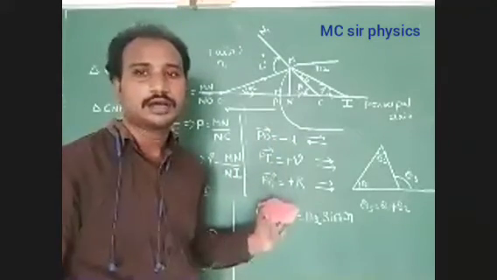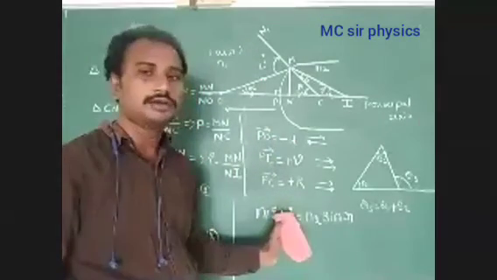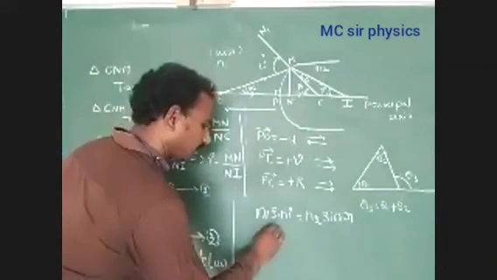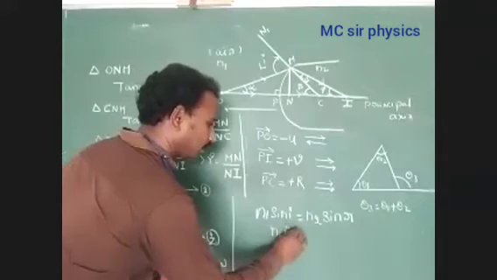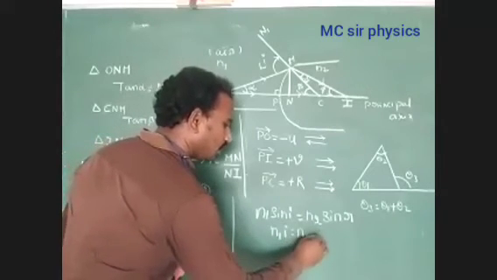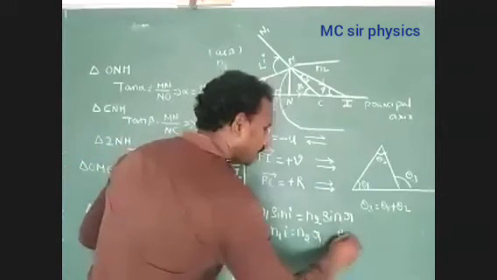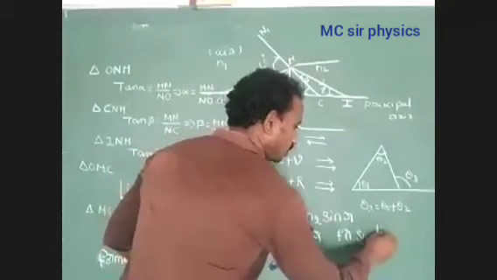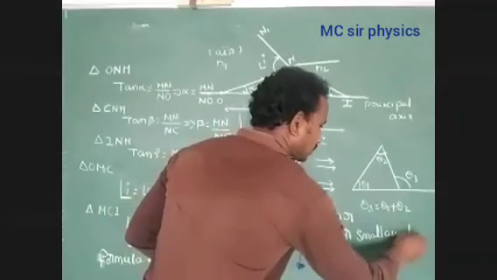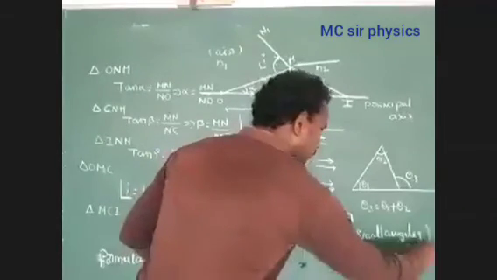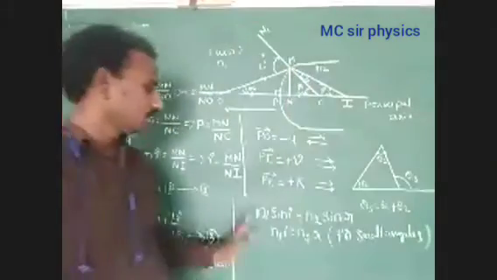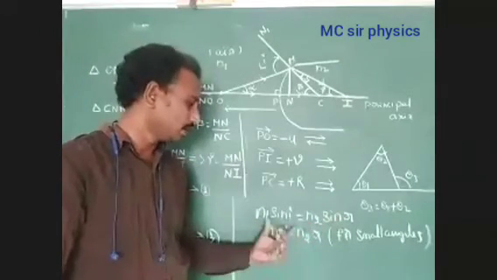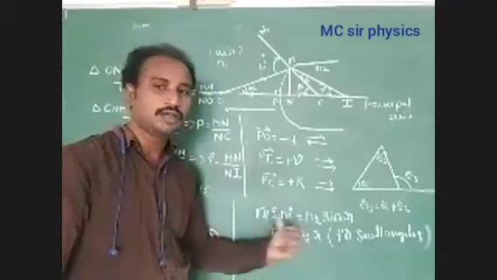For the sine function, sin I is approximately equal to I. So we write n1 I equals n2 R. For small angles, this condition is applicable. Understood? So n1 sin I equals n2 sin R, and then we identify n1 I equals n2 R.